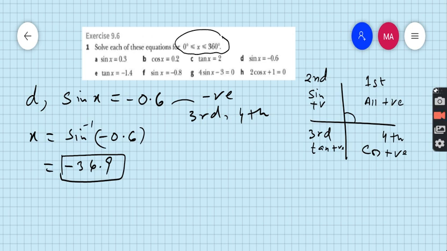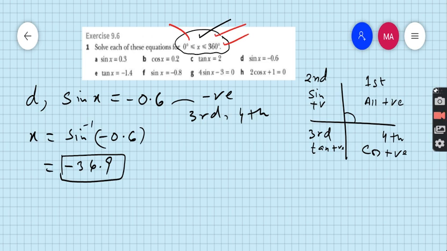This value is not acceptable because this value is negative. Point number 1, this value is negative, and our domain in the question, look at this, only positive angles are required. So this value is unacceptable.